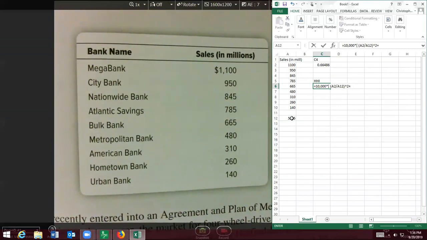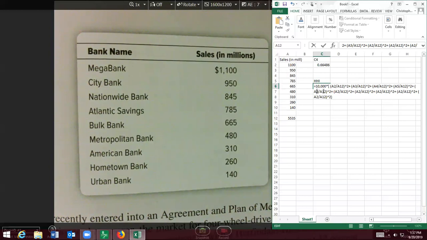And then, because I'm lazy, I'm going to copy this and paste it 10 times, to have 10 total, right? And then I'm just going to change the A3 to be A5, A6, A7, A8, A9, A10.